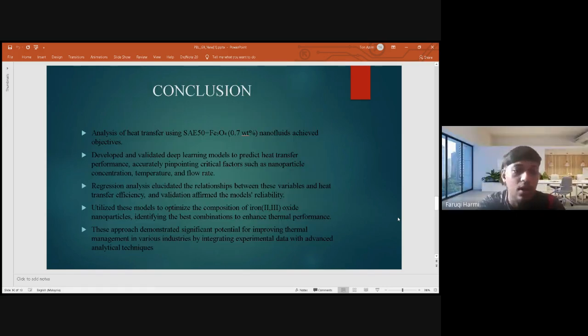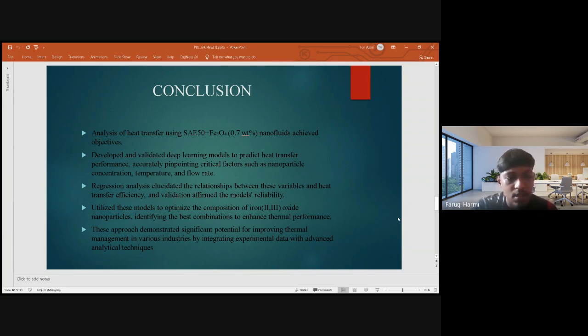So based on our research, we can conclude that the analysis of heat transfer using SAE 50 plus Fe3O4 0.7% nanofluid achieves the objective: develop and validate a deep learning model to predict heat transfer performance, accurately pinpointing critical factors such as nanoparticle concentration, temperature, and flow rate.